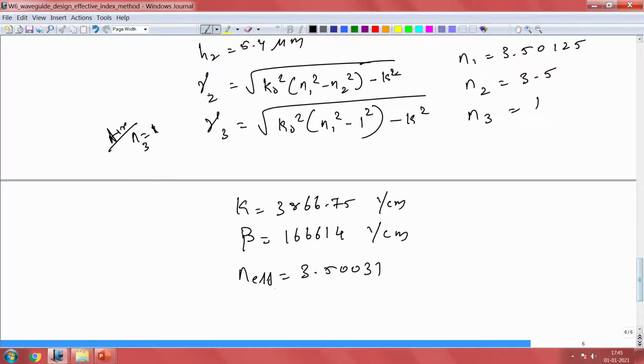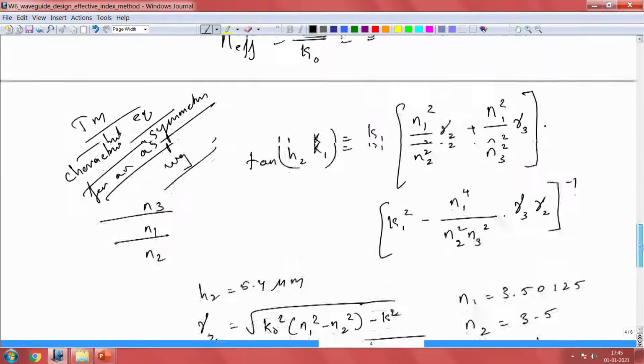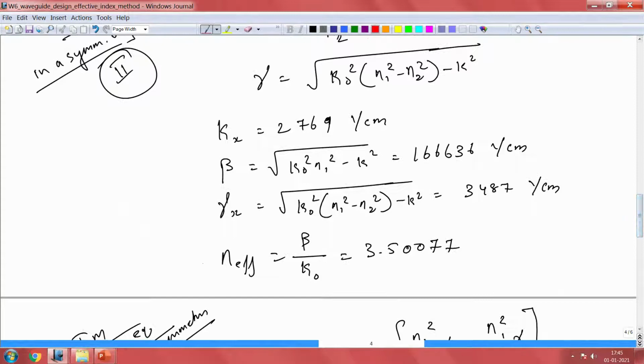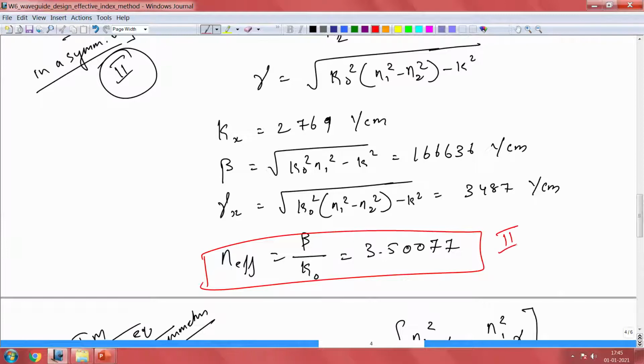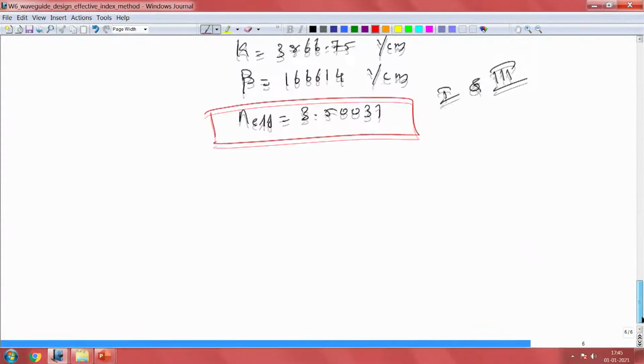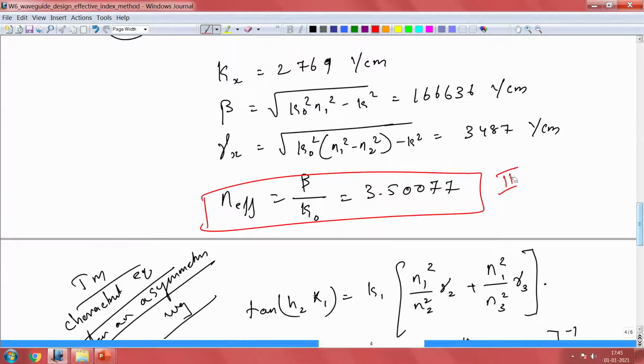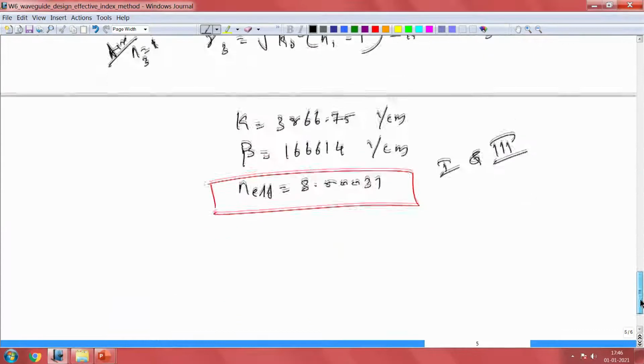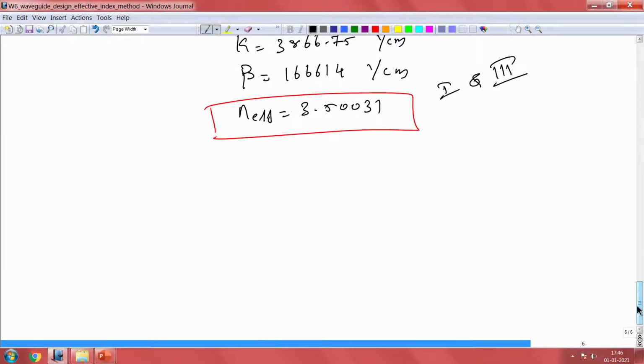So now we have the n effective for the shoulders. This is for region 1 and region 3, and we also have n effective for region 2. So now we can construct our slab.